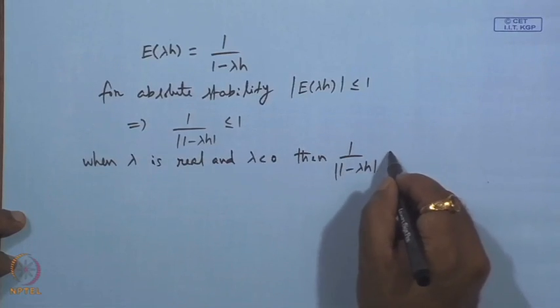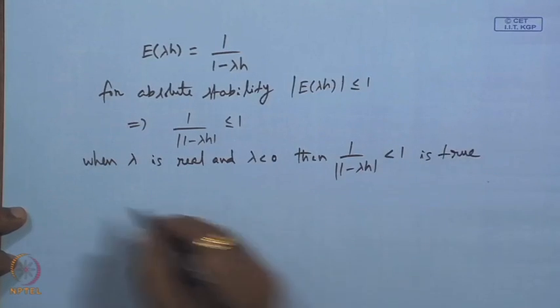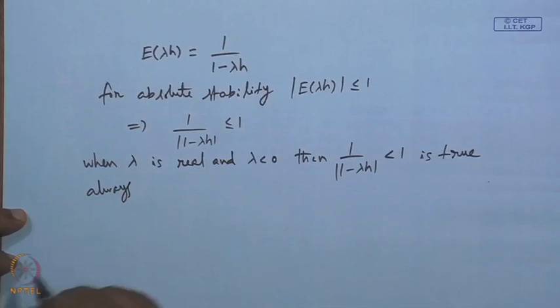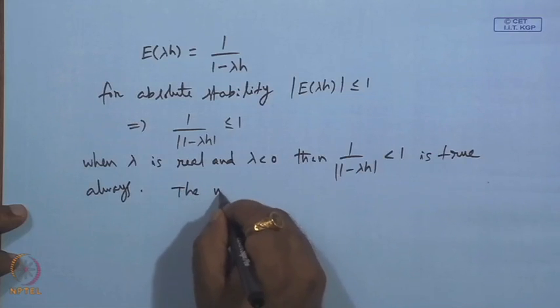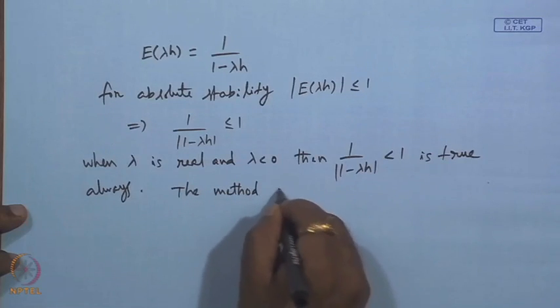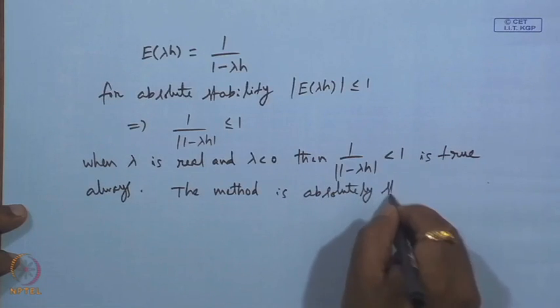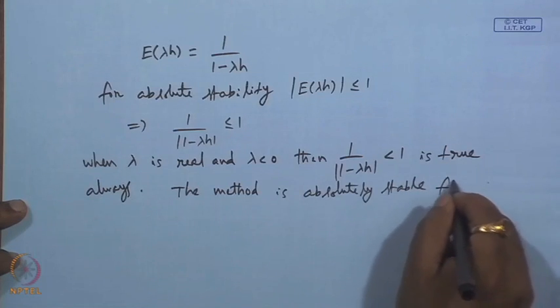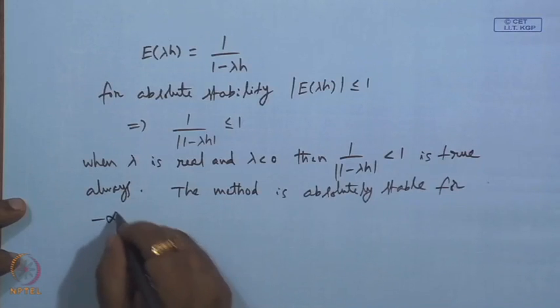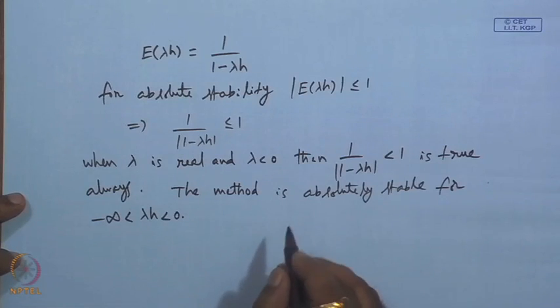So, 1 over that is then true always. Okay. So, therefore, the method is absolutely stable for minus infinity to 0 for lambda h, okay, right.